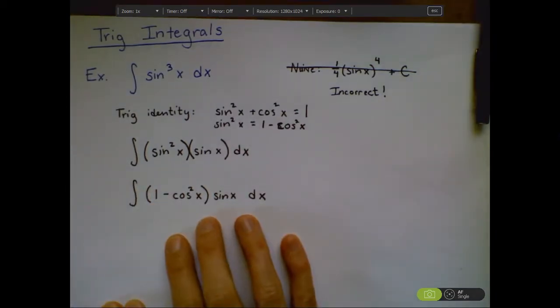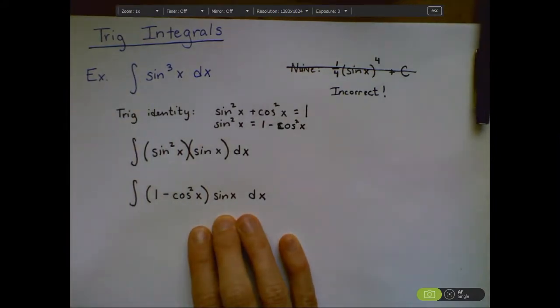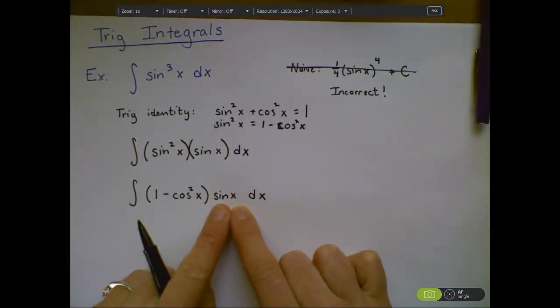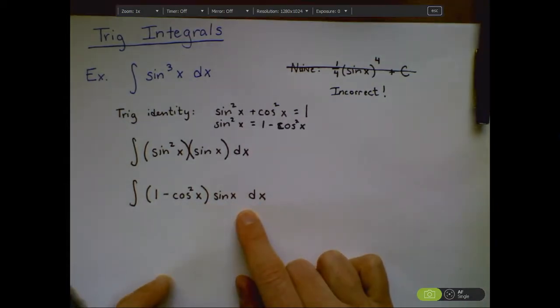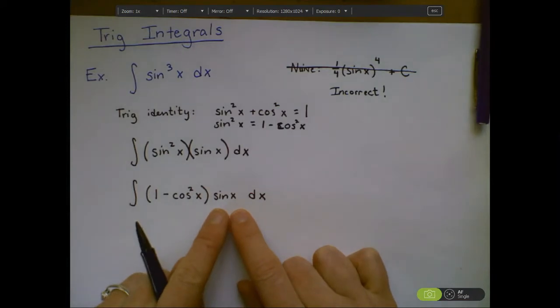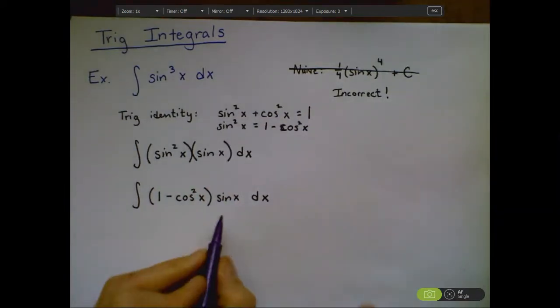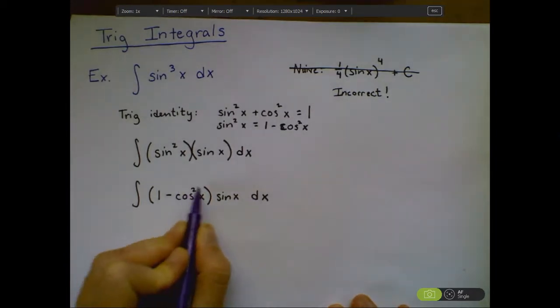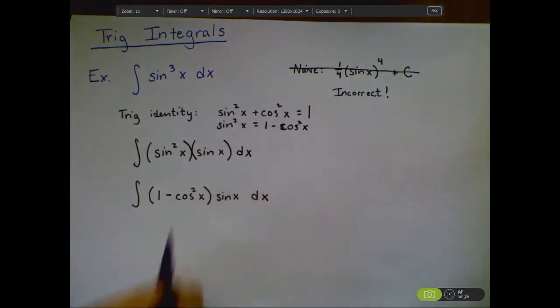Now, why is this helpful? This looks a lot more complicated than what we had to start with, but it turns out now we have a u sub that we wanted. There are a couple of different approaches to finish off this problem, and I'll show you each of them. One is to start and just do the u sub right here. I'm going to set u equal to my cosine function, because the derivative of cosine is sine, and I can make use of that.